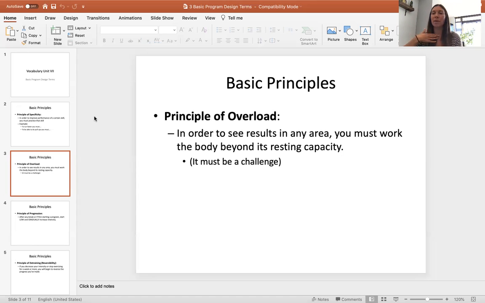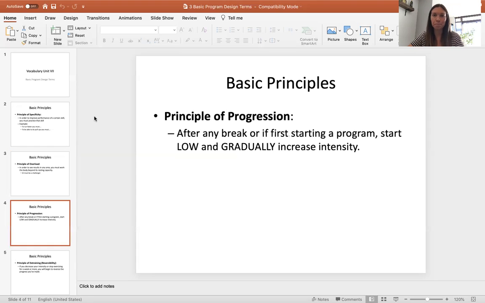So if I'm trying to get good at my cross country meet, my distance of 3 miles, and I'm running it one day at a pace of 7 minutes a mile, when I practice and get good at doing that, I'm going to have to incorporate workouts that are causing me to run faster. It's challenging my body. So in order to see results in any area, you must work the body beyond its resting capacity.